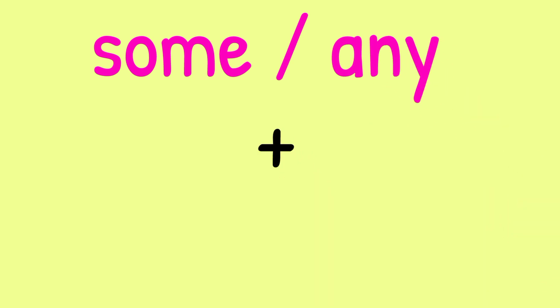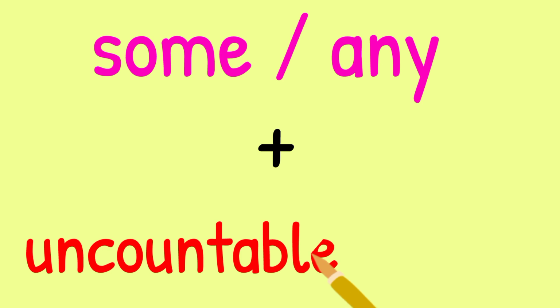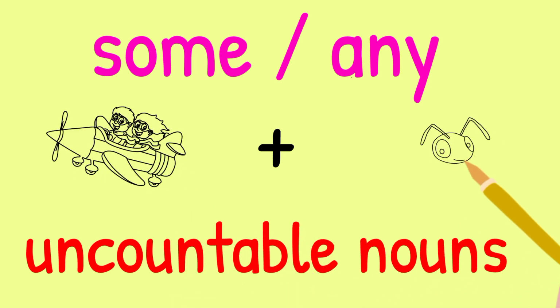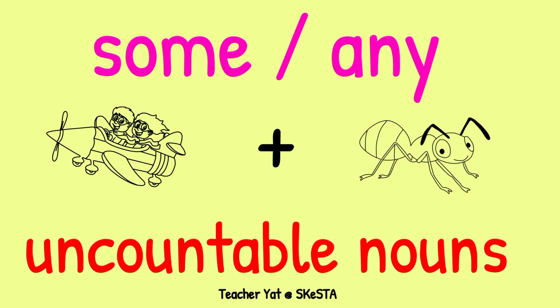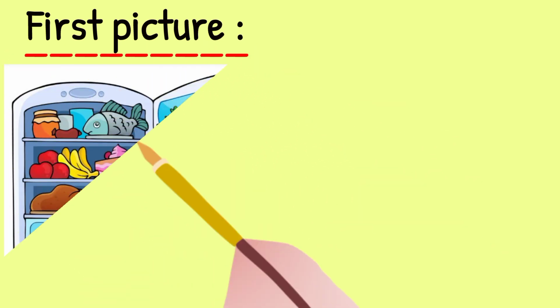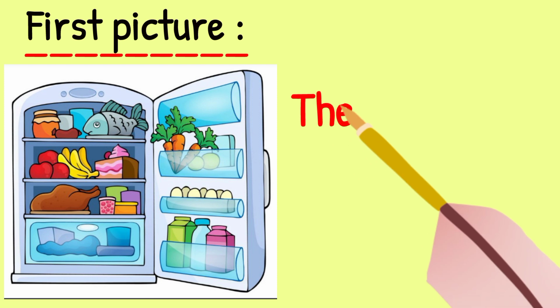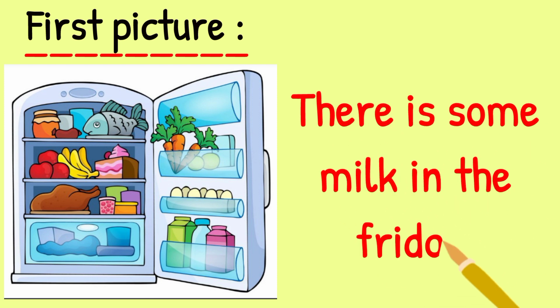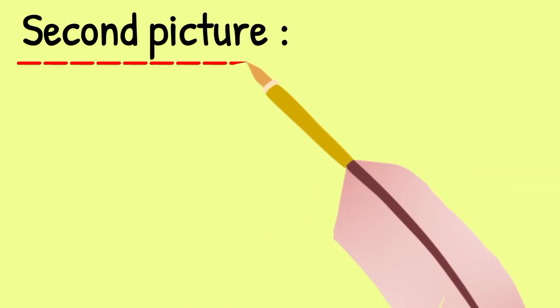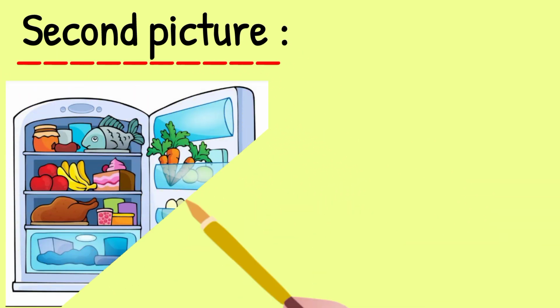Some or any also can be used for uncountable nouns. For examples, look at the first picture. We can say, there is some milk in the fridge. Milk is uncountable noun, so we consider it as singular. Look at the second picture.